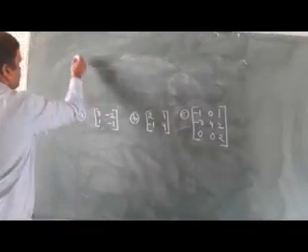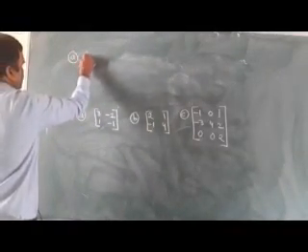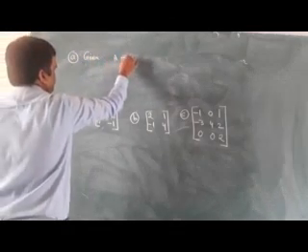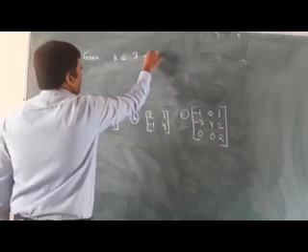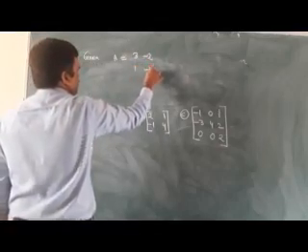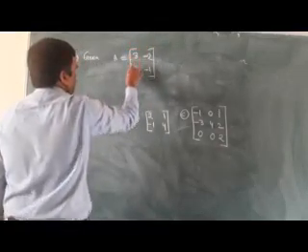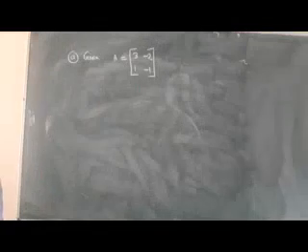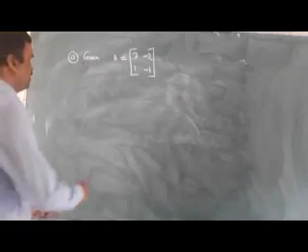Come on, write. First, given A equal to 3, minus 2, 1, minus 1. First we are doing the first part.